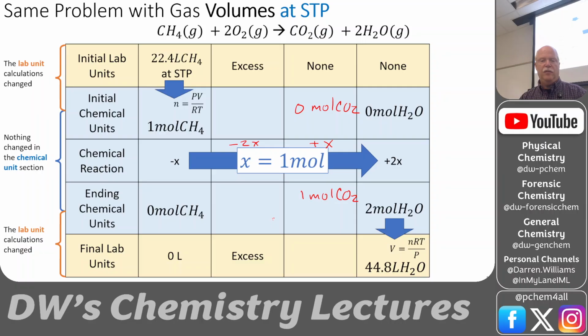The volume of CO2 is going to equal 1 mole times 0.08206 liters atmospheres per mole Kelvin, I'm going to run out of space, times 273 Kelvin, all divided by 1 atmosphere. And that's going to be 22.4 liters of CO2.